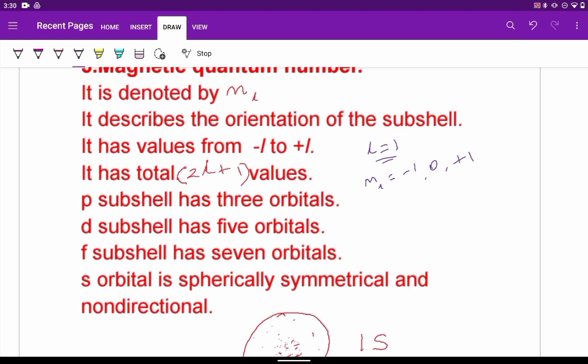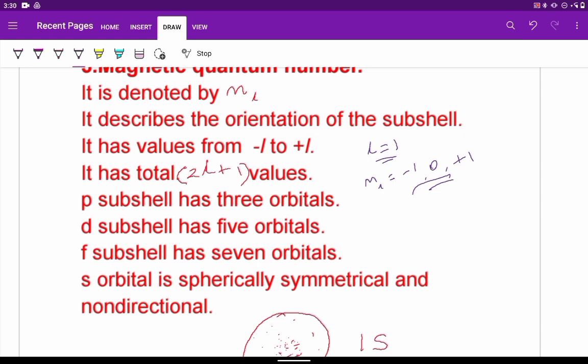That is, there will be 3 orientations. These 3 values are possible, so 3 values means 3 orientations.